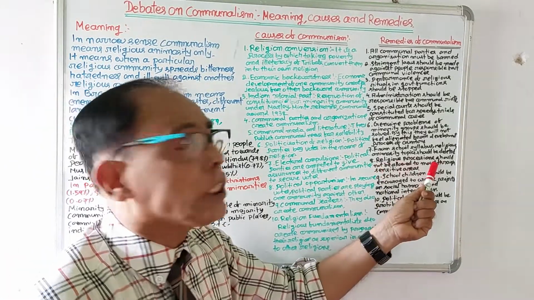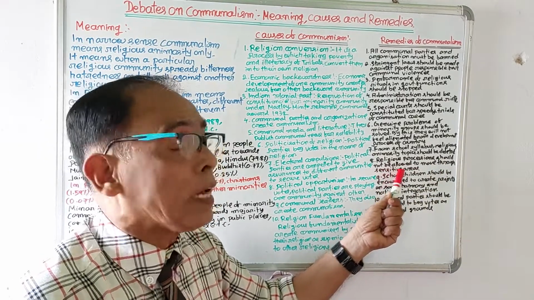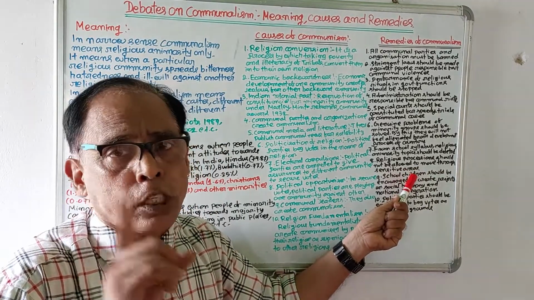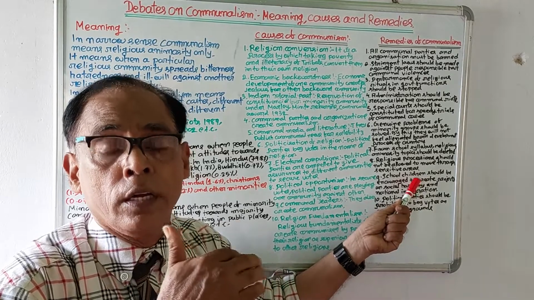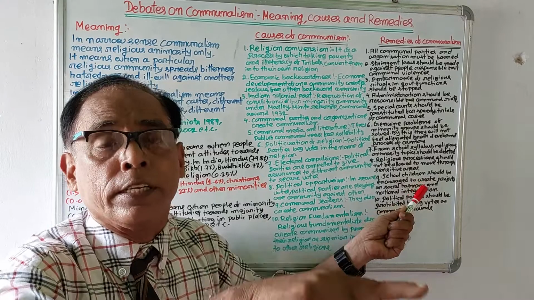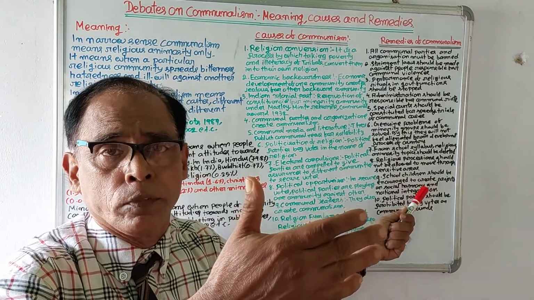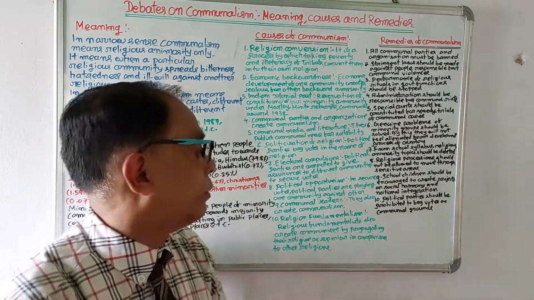Then religious processions should not be allowed to move through sensitive areas, because when a religious procession passes through a particular sensitive area, there are chances of communal problems.